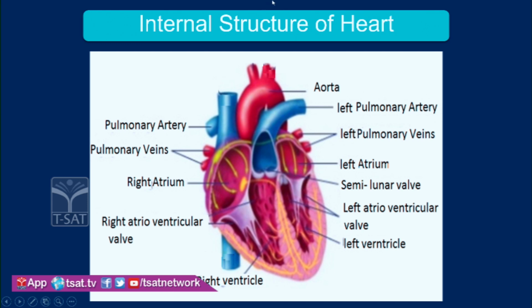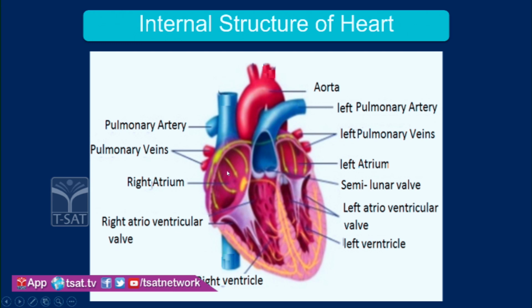Again this oxygenated blood comes to the left auricle and to the left ventricle. Very simple, left ventricle. Through, you can see here, the left atrioventricular valve. This is the left atrioventricular valve. You can see bicuspid valve.